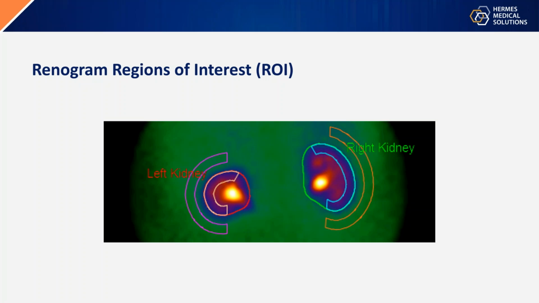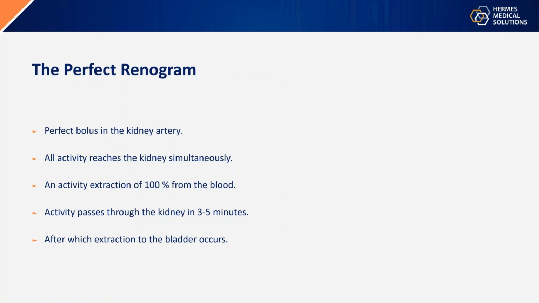So we have drawn on our kidney, and now we of course want to have the perfect renogram. So in a perfect world, we inject a bolus which enters the kidney artery all in one go. So all activity reaches the kidney simultaneously, and blood activity goes down to almost zero instantly, because we have an extraction of 100% from the blood.